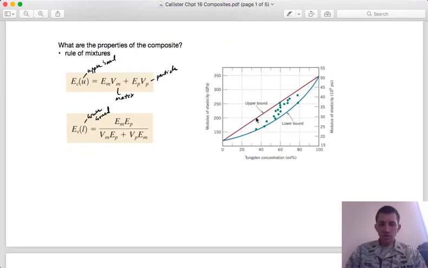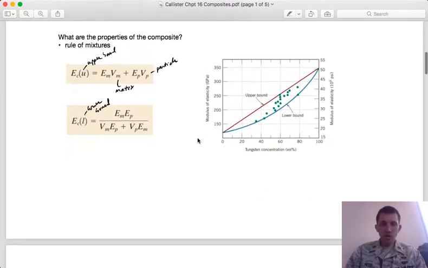This first equation is giving the red line in this figure on the right. But you may not have the bonding between the phases necessary to share the load as efficiently, so you may actually have somewhat less than what you would predict from the rule of mixtures, and so another equation is used to define a lower bound.